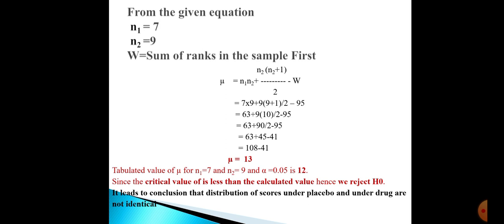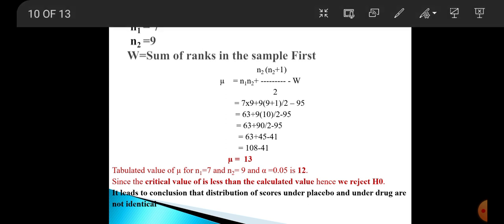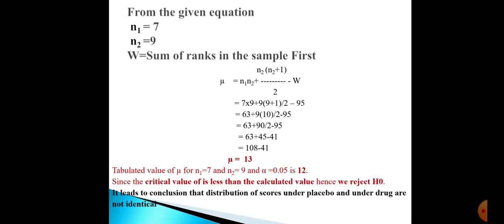But we have to compare this U with the tabular value where N1 is 7, N2 is 9 and alpha is equal to 0.05. And this is the table where we will get N1 and N2. The value from this table, I think, is somewhere up to 15. Okay, so go back to the previous slide.